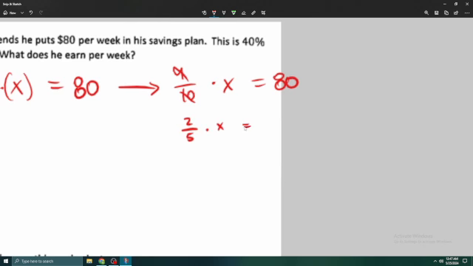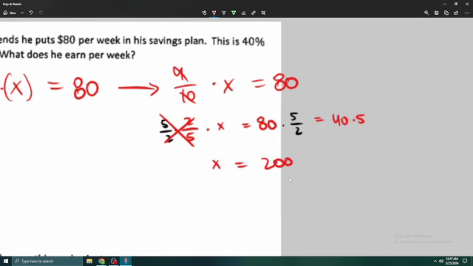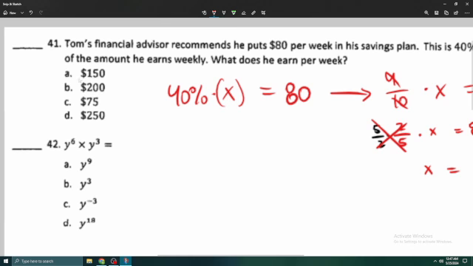So how do I get rid of a fraction with algebra? I'm going to flip the fraction and multiply. Obviously over here these cancel out. I'm left with X on the left hand side. 80 divided by 2 is 40, times 5 is 200. He makes 200 a week.